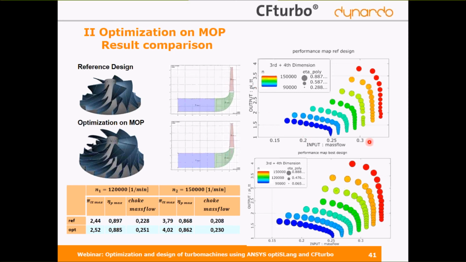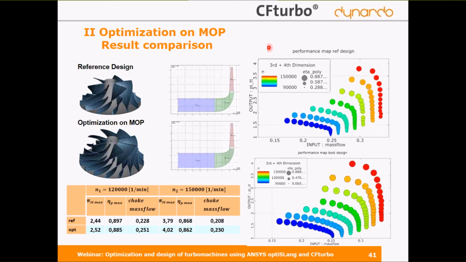Here you can see the performance map of the turbo compressor, where you can see pressure ratio versus the mass flow, and the third dimension is then here the speed, and the fourth dimension, the bubble size, is the efficiency.